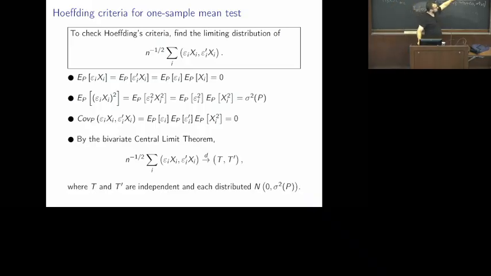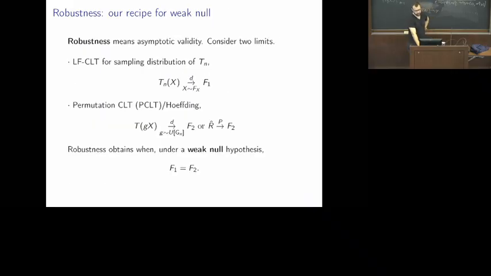So you could imagine for general situations, it's much easier to work with the Hoeffding criteria than with the conditional CLT. But the point I want to make to you is that these two approaches exist. When you're going to face such a situation in your problems, try both. It's not guaranteed that the Hoeffding is easier.